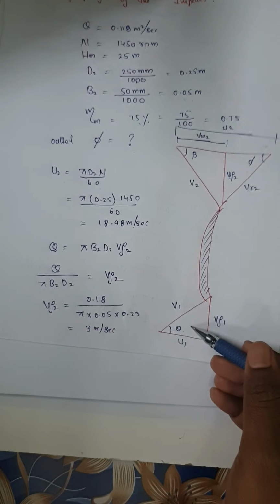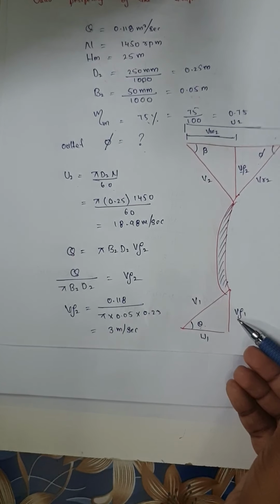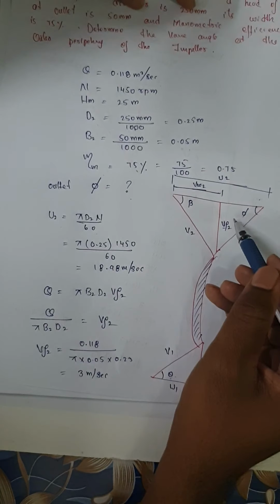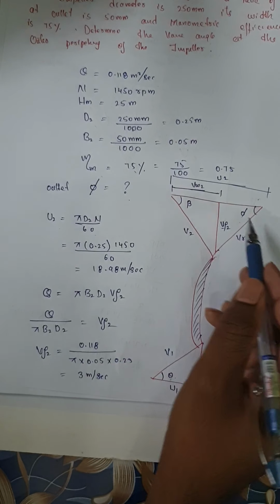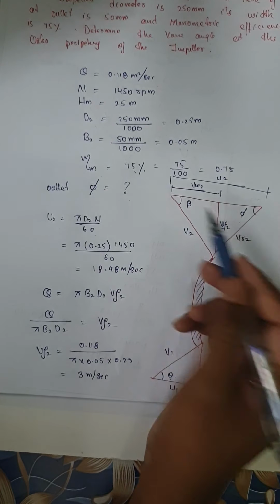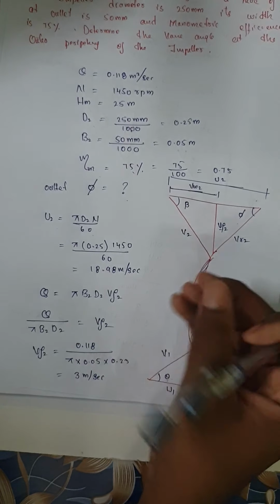But here if you consider this one, theta you don't know, V1 you don't know, u1 you don't know, and Vf1. So you can't select this one. If you select this one, Vf2 you don't know, so you can't select this one either. If you take this one also, here also unknown is there. So in any triangle, two known values are not there.